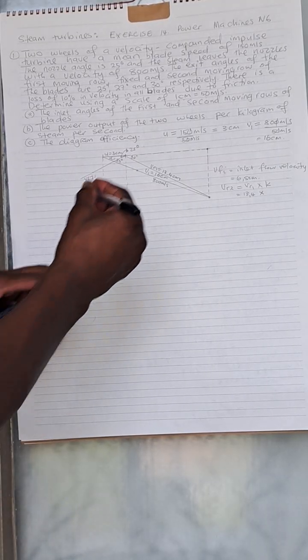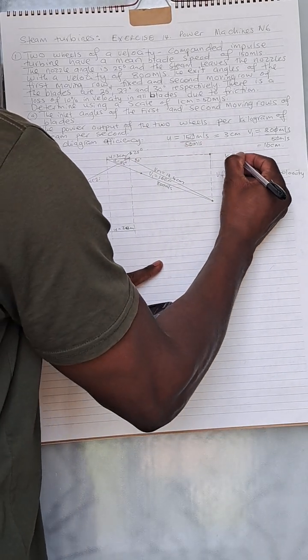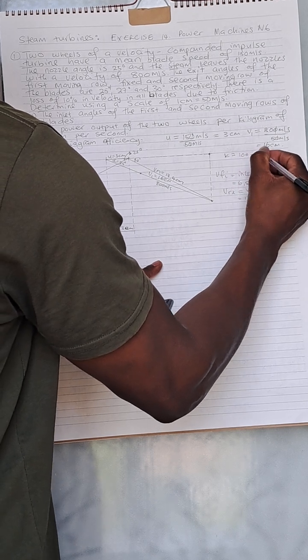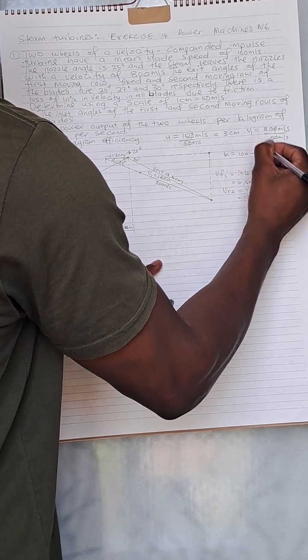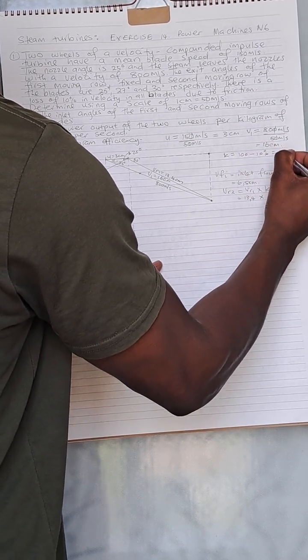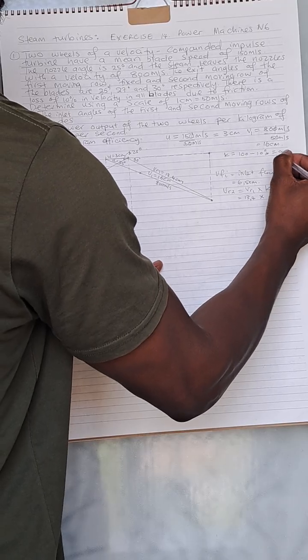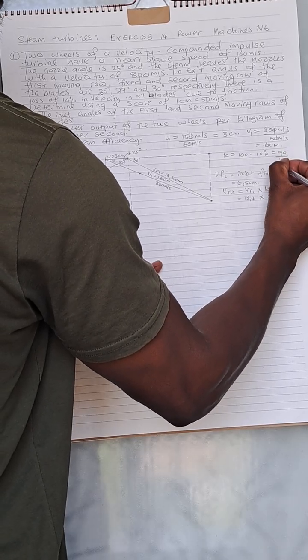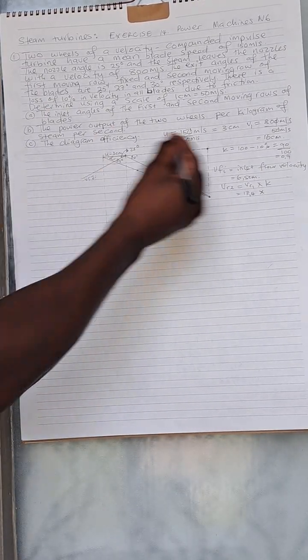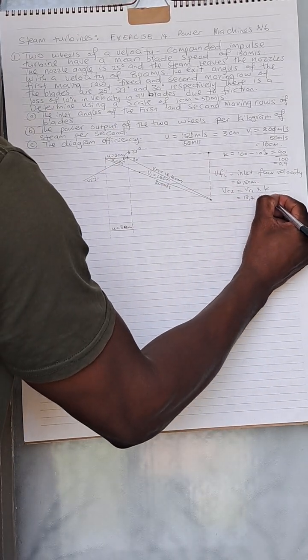Here we are given our K becomes 100 minus the loss. The loss was said to be 10%, so we are getting 90%. If we divide it by 100, our K becomes 0.9.